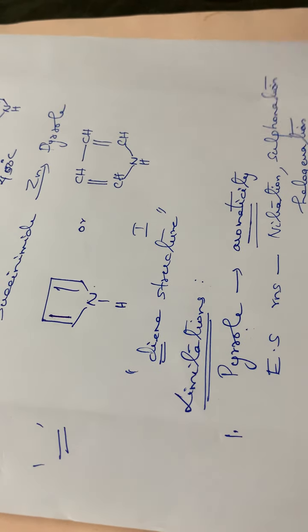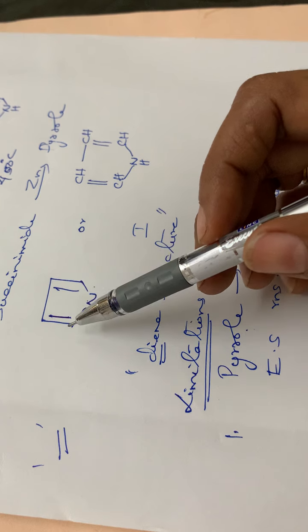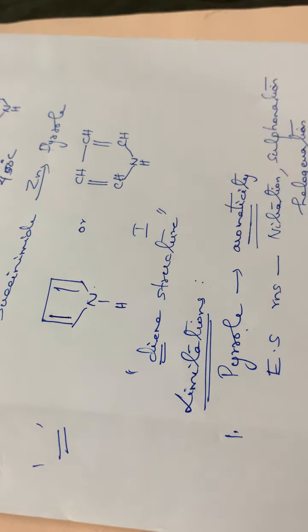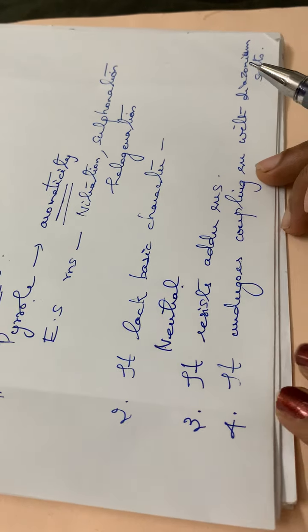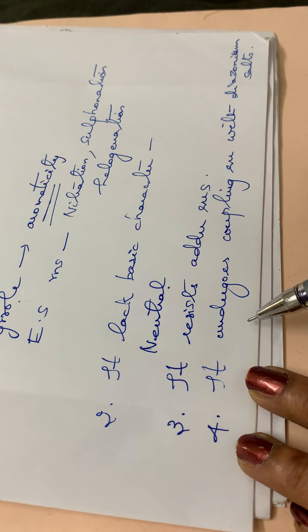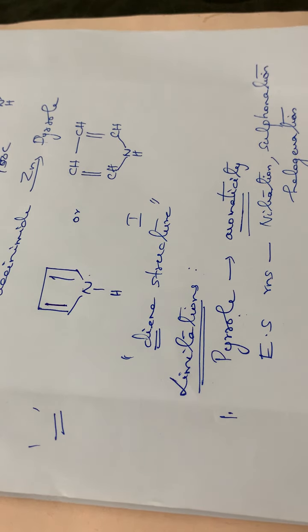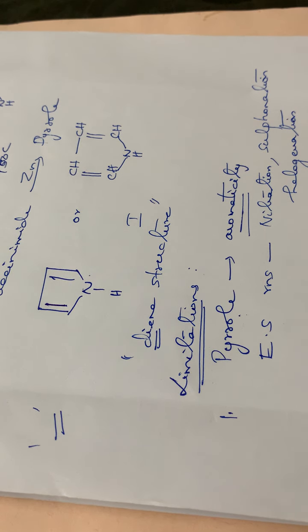In the diene structure it has two double bonds, so normally it should have given addition reactions, but actually it does not. Then the fourth point is that it undergoes coupling reaction with diazonium salt, which also could not be explained by this diene structure. So there are some limitations for this diene structure, and we have to move on to the next explanation for the structure of pyrrole.